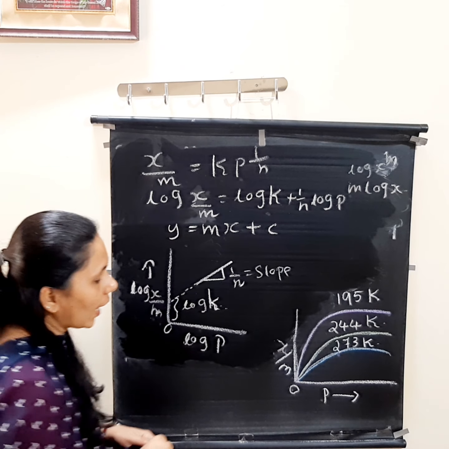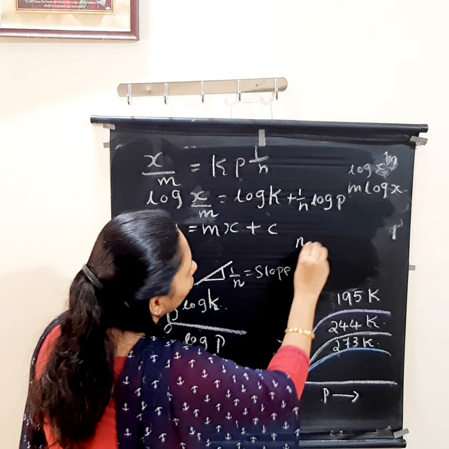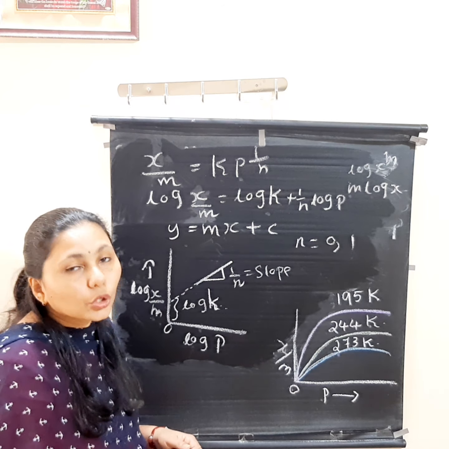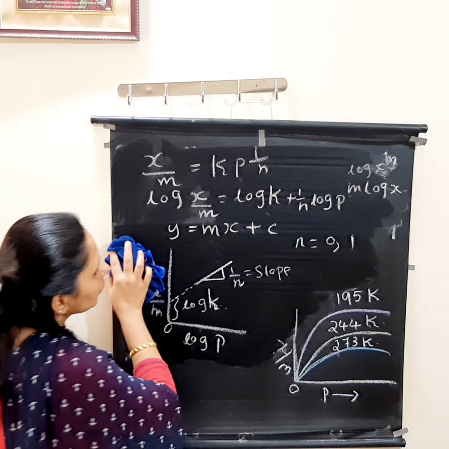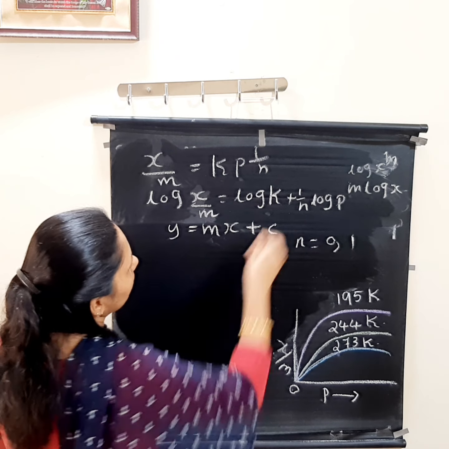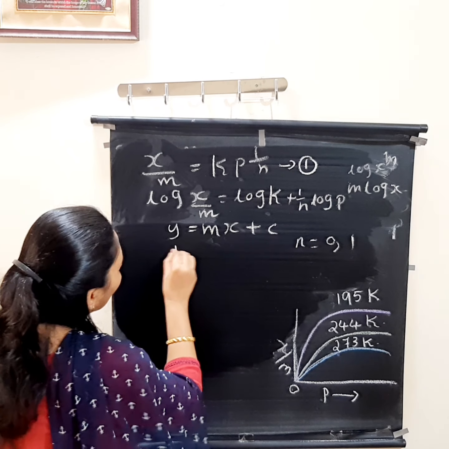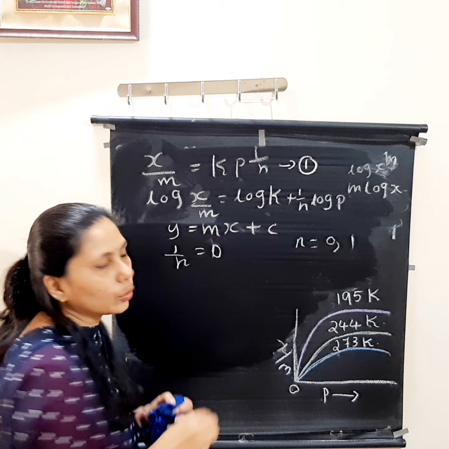Experimentally it is found that the value of n is in between 0 and 1. So if you apply the value in this equation, first I will take 1 by n equal to 0.